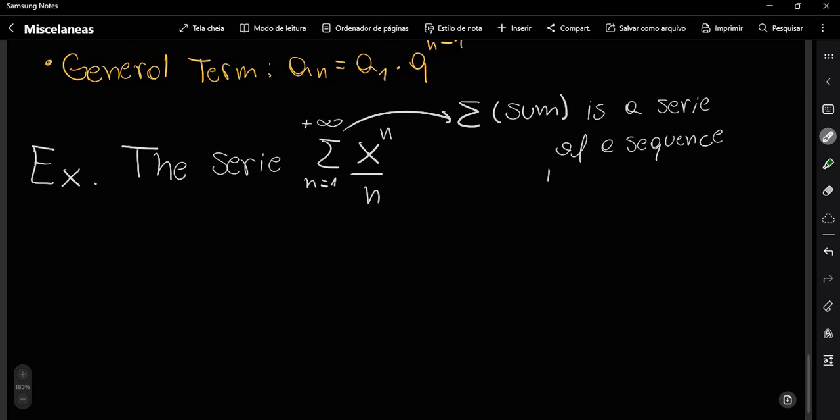And we can complement saying that it starts in n equals 1, and it goes to infinite.